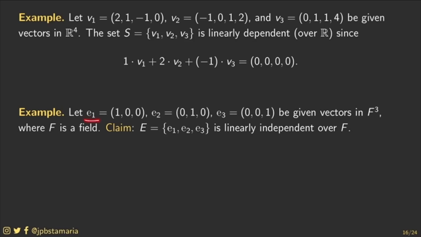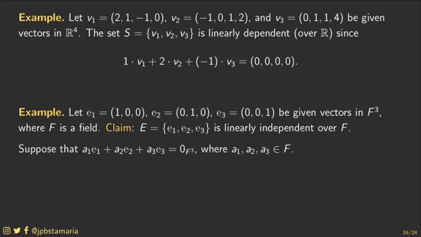Second example, do you remember these vectors e1, e2, and e3 from R3? In this case, F3, to be more general. We claim that this set of vectors is linearly independent this time. How do we show independence? Remember, the fact that the scalars are all zero should be an implication.